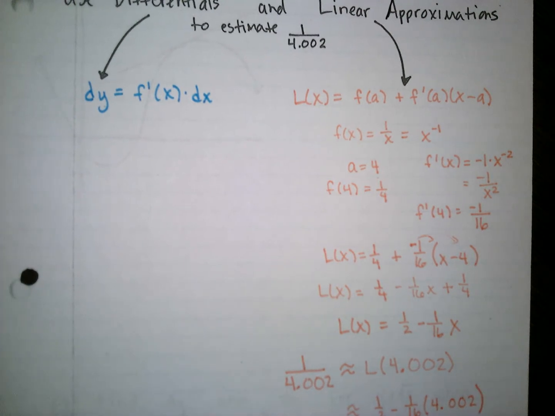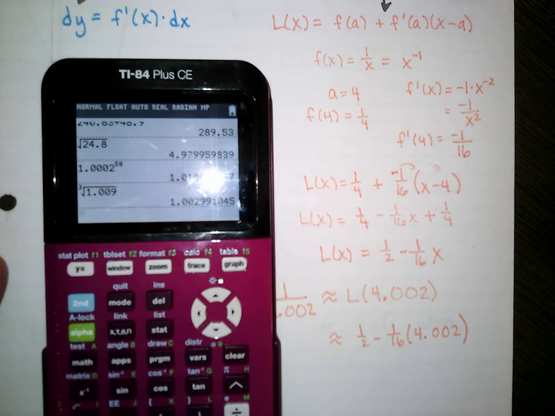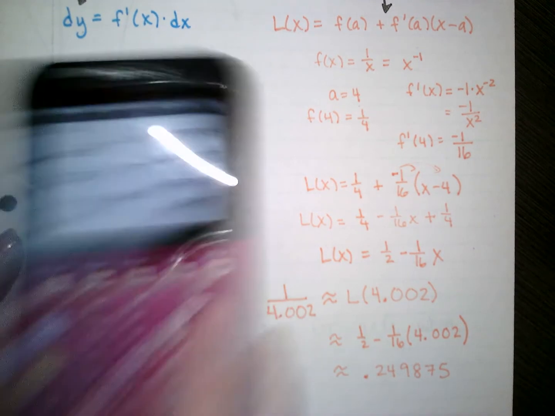And I'm not going to be a hero. I'm going to use a calculator for that. So we'll do 1/2 minus 1/16 times 4.002. That's going to give me approximately 0.249875. Okay, that's by linear approximation.